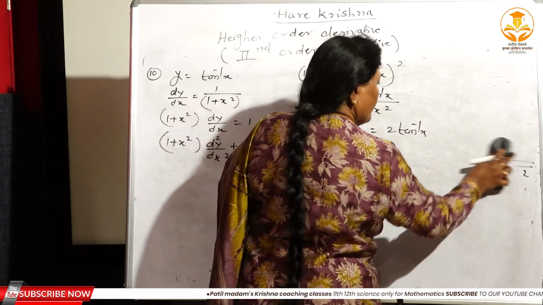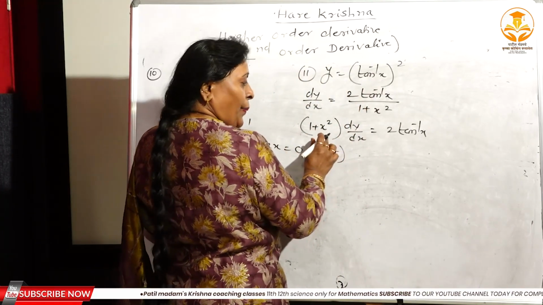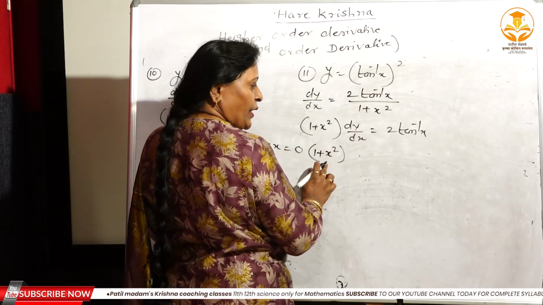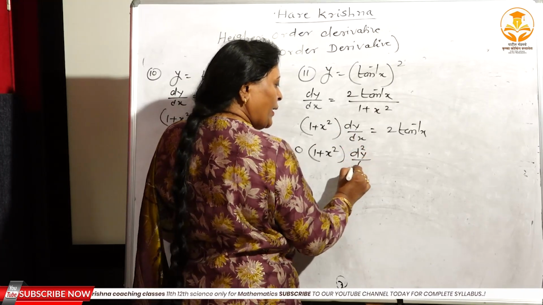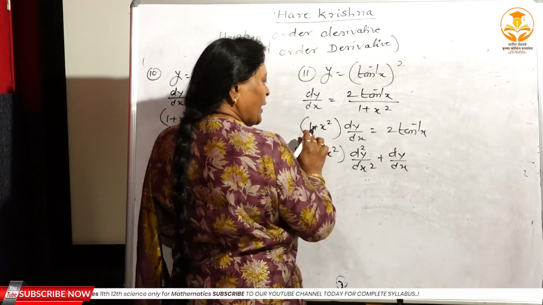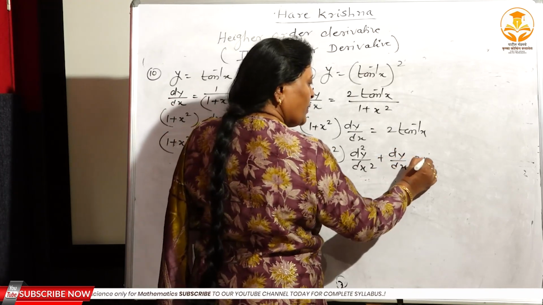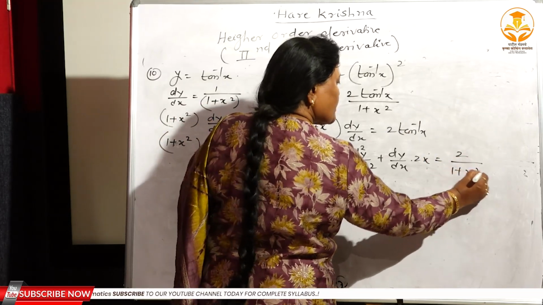Right? See, 1 plus x square, apply the multiplication rule. 1 plus x square remains as it is. The derivative of dy by dx is d2y divided by dx square, plus dy by dx remains as it is. The derivative of x square is 2x, 1 is 0, again 2. The derivative of tan inverse x is 1 upon 1 plus x square.